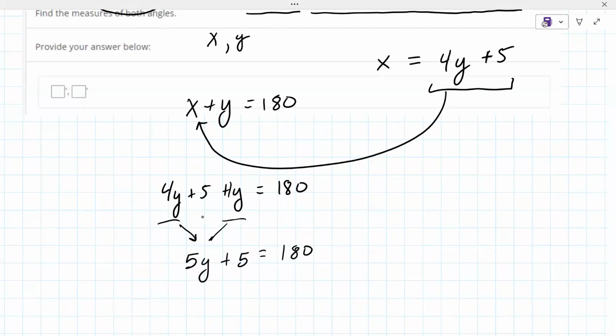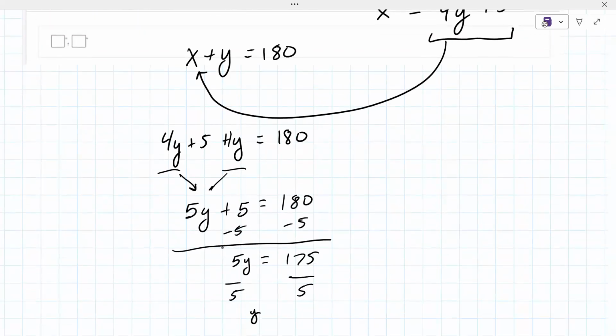They combine here. Okay, now to solve this equation, do you remember how to do that? Which do you undo first, the multiplication by 5 or the addition of 5? The addition. Yes, so you subtract 5, subtract 5. 5y equals 175.